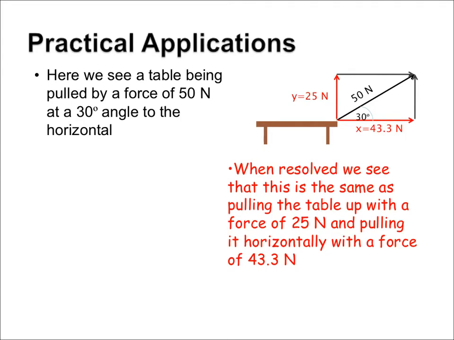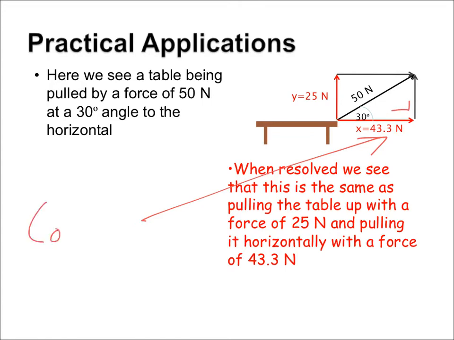So a practical example might be you're trying to drag a table, you're pulling it at 50 newtons, but you're pulling it at an angle of 30 degrees to the horizontal. So the actual force you're putting on the table is the cosine of 30 degrees, times the 50. Because that is a right-angled triangle, the relationship between the two is a cosine.